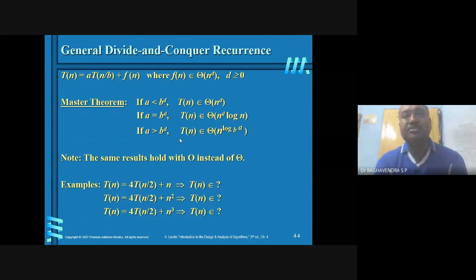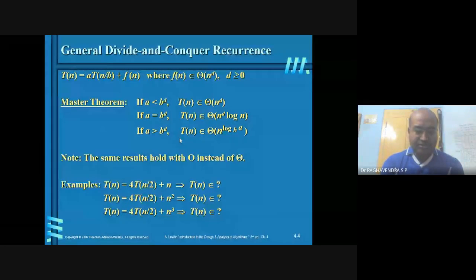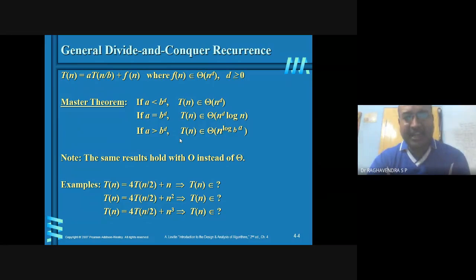The input size of this particular technique is defined by n to the power of k, so n equals 2 to the power of k. Here this can once again be solved by using the Master's theorem. What is this Master's theorem?